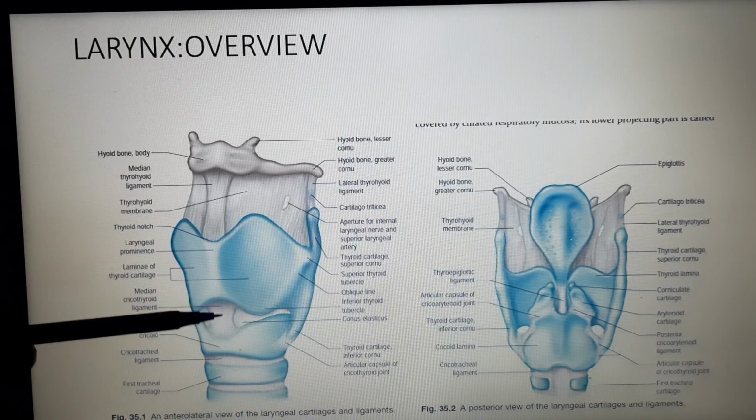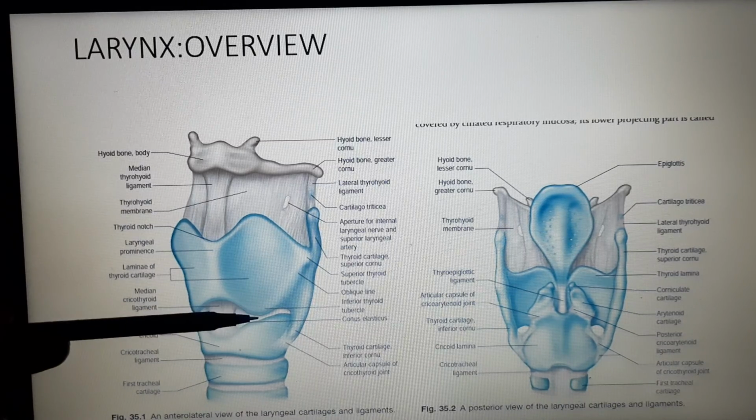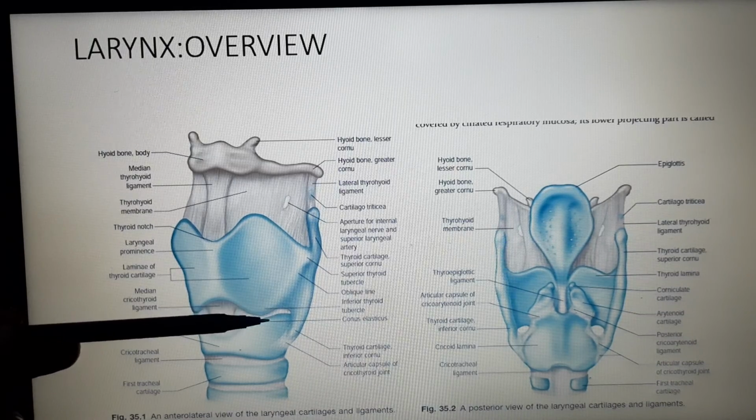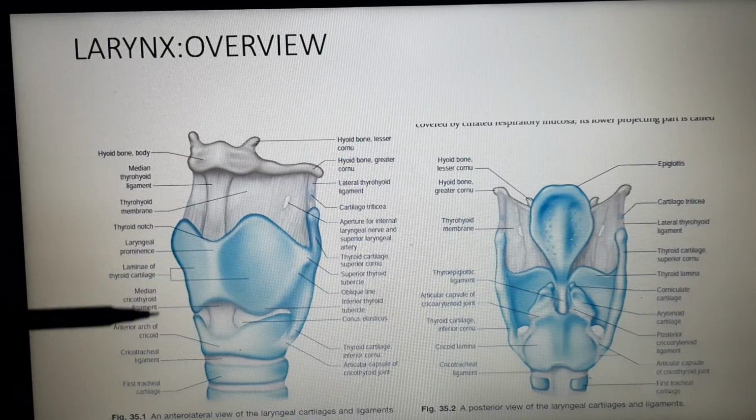In the midline, this membrane is thickened, known as the median cricothyroid ligament, and its lateral part is thin, and its upper border is not attached to the lower border of the thyroid cartilage, but it goes inside. So this lateral part is known as conus elasticus or cricovocal membrane.